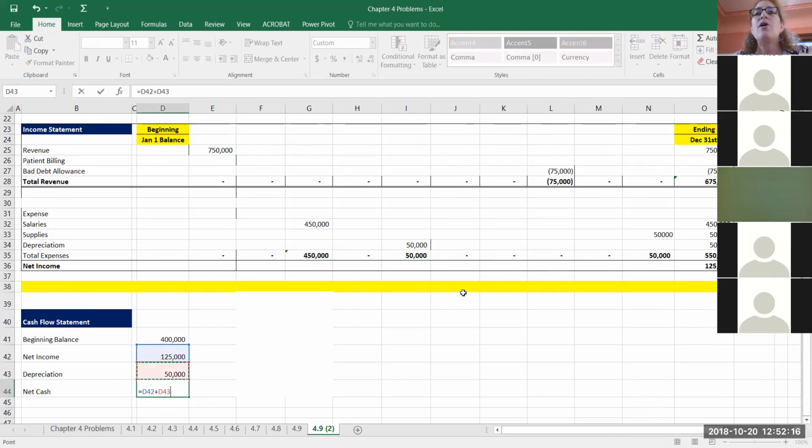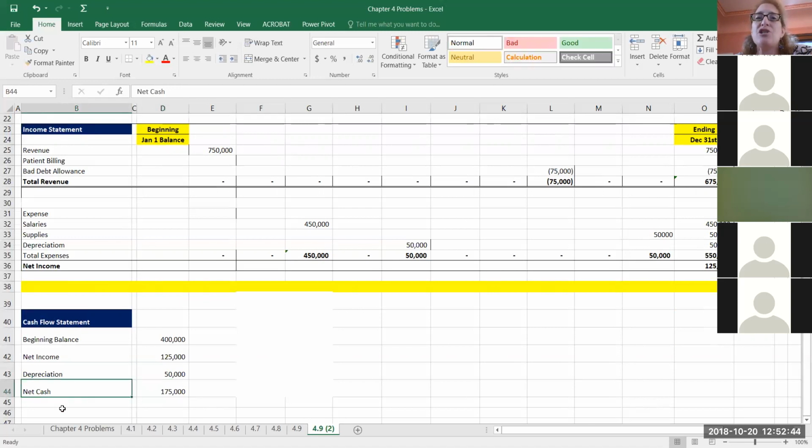Sorry about that, guys. We are adding back our depreciation expense. So we recorded $50,000 worth of expense on our P&L, but we knew it wasn't cash related. So we want to take that out when we reconcile our cash. Okay, so even though we only show 125 in net income, if we remove that expense, we would have received 175. So again, we're trying to only look at the cash changes.